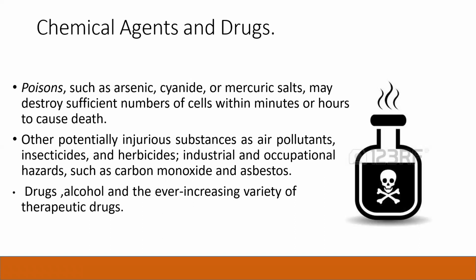Other potentially injurious substances are air pollutants, insecticides and herbicides, industrial and occupational hazards such as carbon monoxide and asbestos, drugs, alcohol, and the ever increasing variety of therapeutic drugs.